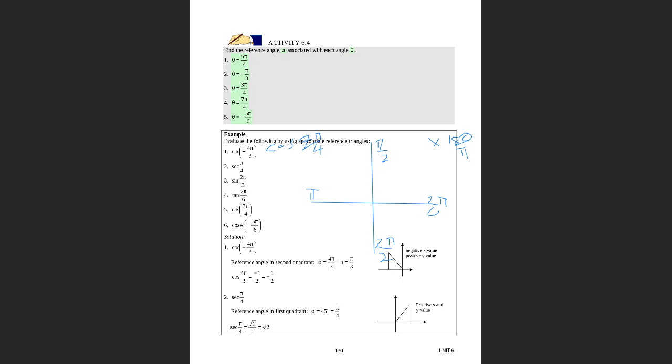Now in the fourth quadrant, cos is positive, so there is no need to change the sign. You only have to find your reference angle.